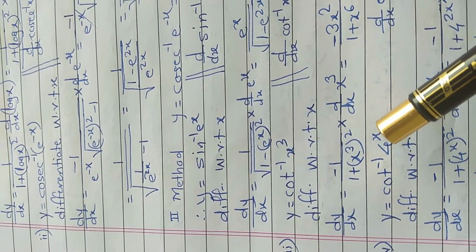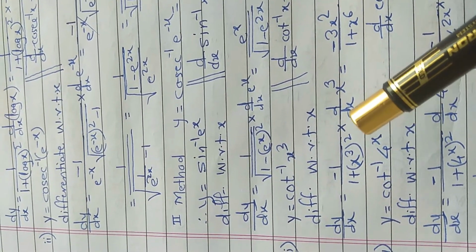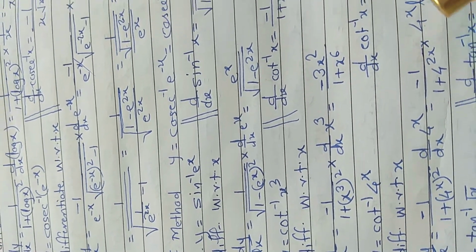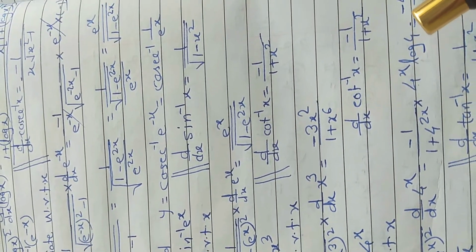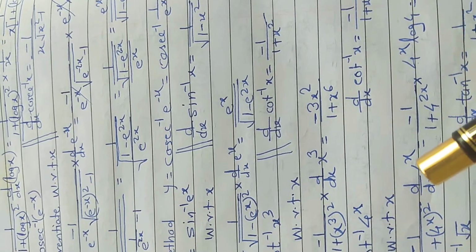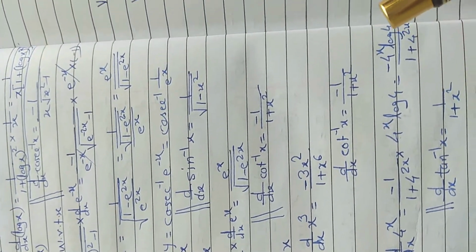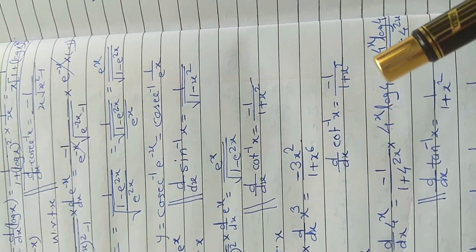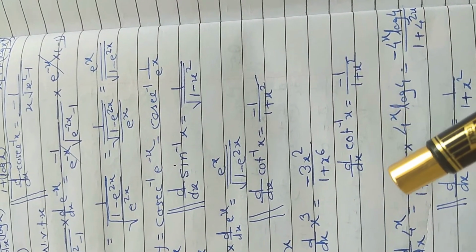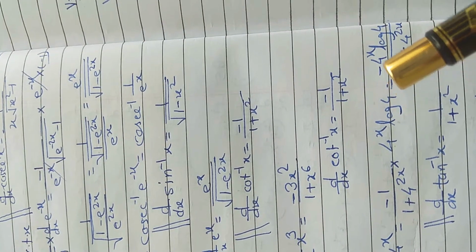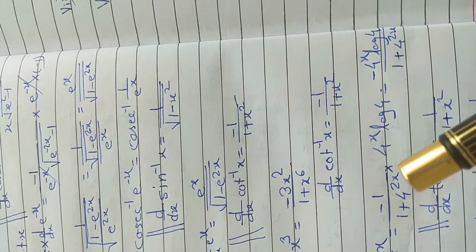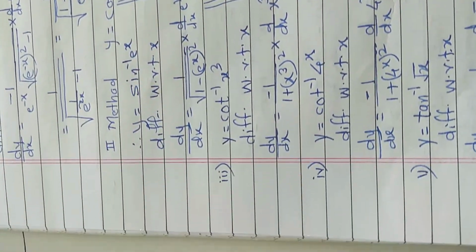Now derivative of this angle, that is derivative of 4 raised to x, will be 4 raised to x into log of 4, because derivative of a raised to x is a raised to x into log of a. So dy by dx will be minus 4 raised to x log of 4 upon 1 plus 4 raised to 2x.